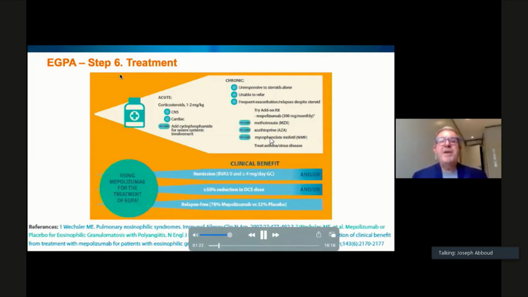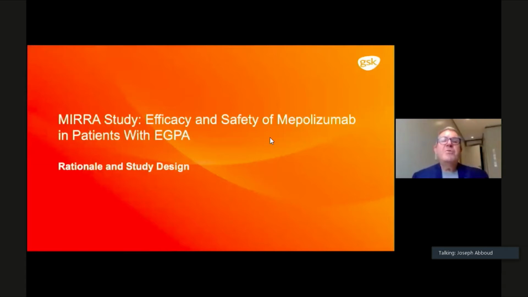with EGPA. And the clinical benefit of mepolizumab, in short, is that you are able to increase the time period of remission, to decrease the dose of oral steroids that these patients need to be maintained on, and also to increase the time free from relapsing of the condition, which is the main feature of this disease.